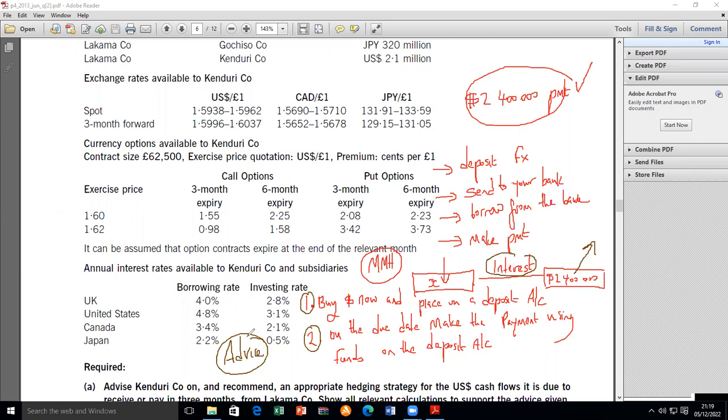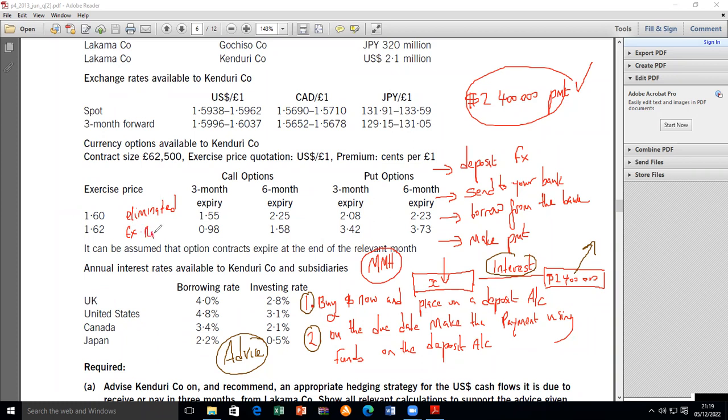Because when you buy your dollars today, automatically what have you achieved? By buying the dollars today, what have you done automatically? You have removed the risk. Yes, you have eliminated the question of exchange rate.